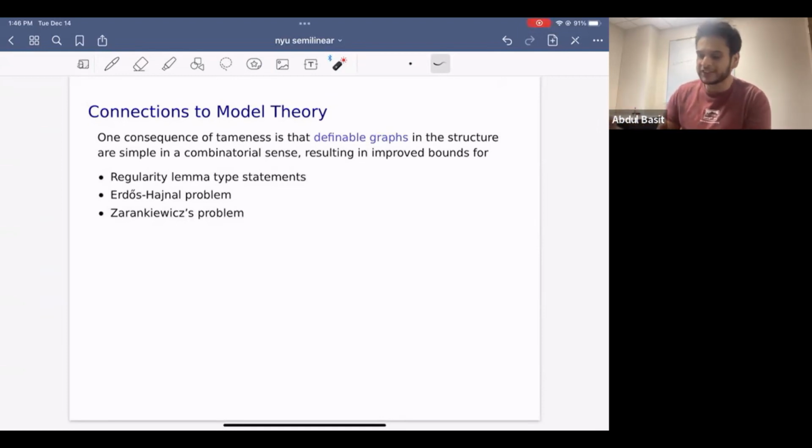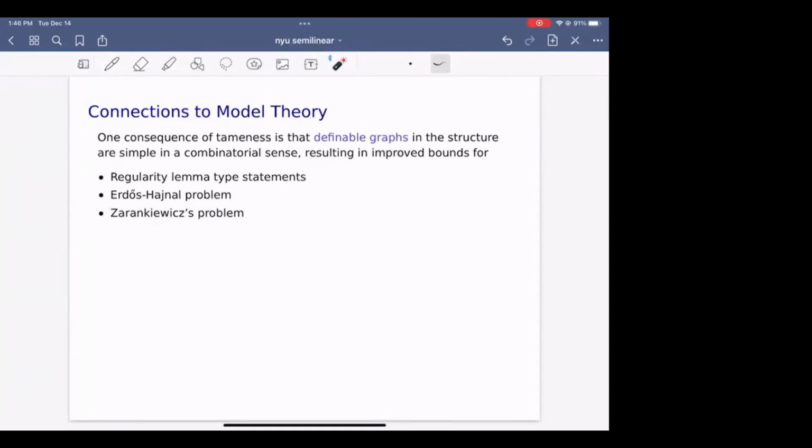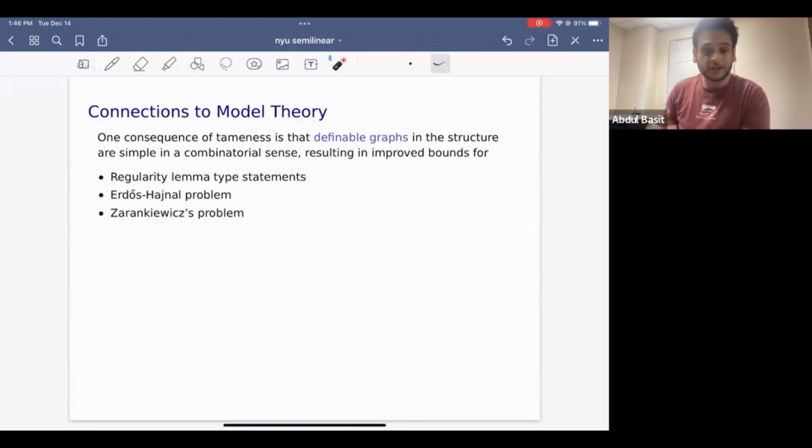For these tame structures, we can get much better regularity lemma type statements. There are improved bounds on Erdős-Hajnal problems and on Zarankiewicz problems. Some of the stuff we've seen so far from semi-algebraic graphs fits into certain model theoretic frameworks that talk about tameness.